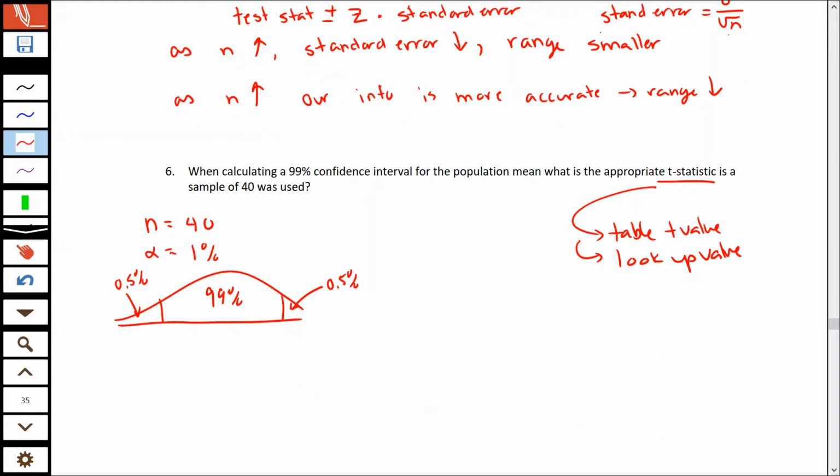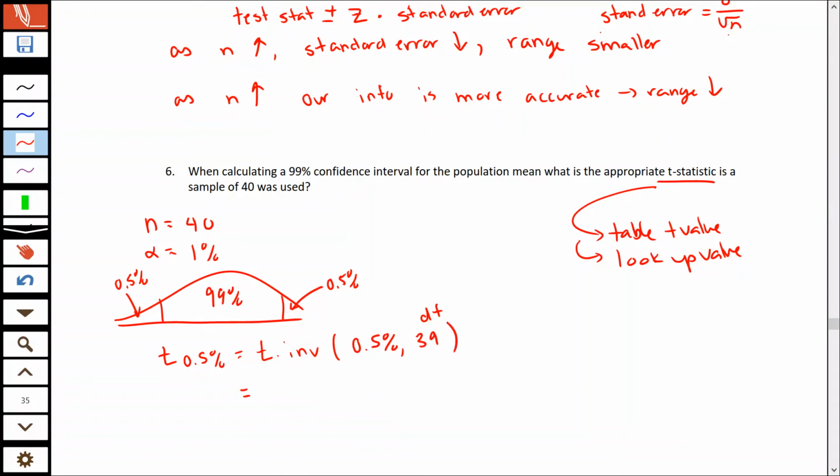We're using Excel, so we don't actually have to look things up in a table, but that basically means the same thing, that you're using the dot inverse function to find what you're looking for. And so to find that t value of 0.5%, we're going to use t dot inverse. And in that t dot inverse, we're going to put in that we're looking for it at 0.5%. And we also need to know the degrees of freedom, which is just n minus 1, so 39.